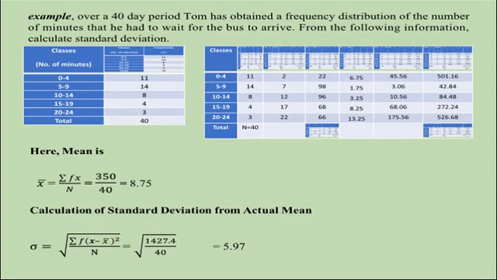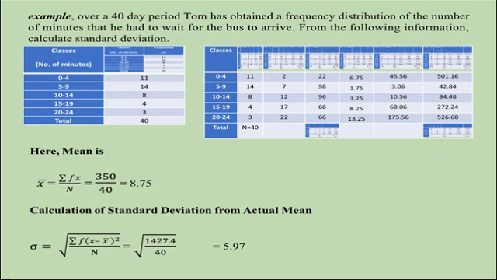Let us understand the calculation of standard deviation from actual mean in case of group data with the help of following example. Over a 40 days period, Tom has obtained a frequency distribution of the number of minutes that he had to wait for the bus to arrive.